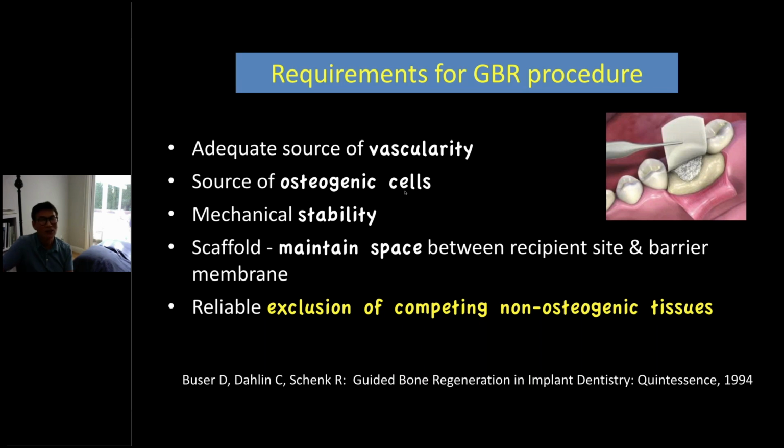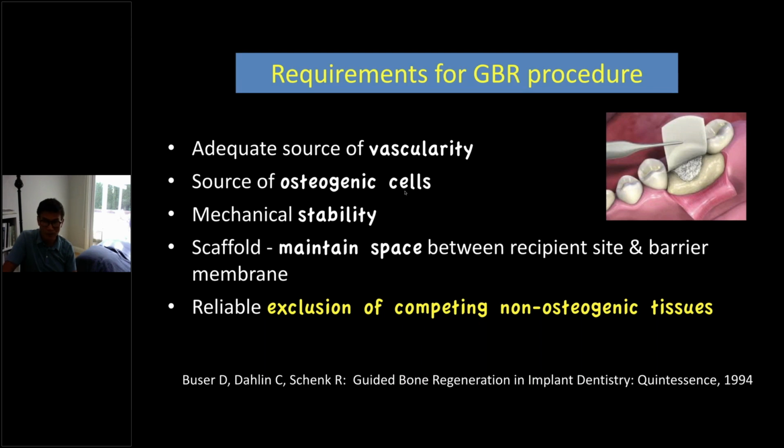And another key thing is scaffolding. You heard it 1,000 times: maintain space. With that space, something fills it in, and that's how early and secondary remodeling develop. And then exclusion of the competing non-osteogenic tissue, which is the concept of the membrane, right?